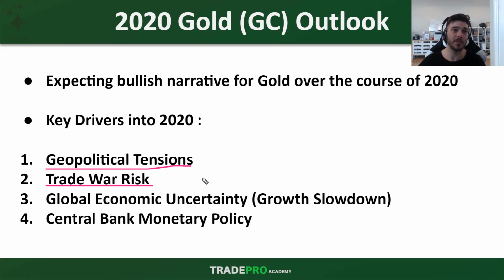All right, number three, another big driver we're going to be keeping an eye out for is global economic uncertainty, and there's the growth slowdown story. So as we mentioned, 2019 was a year of rate cuts across the global economy, and we'll see if those rate cuts actually do anything to spur economic growth into 2020.